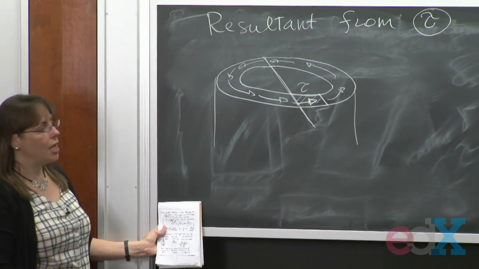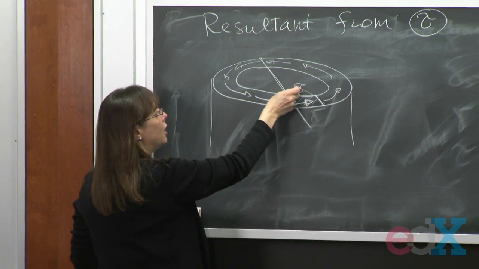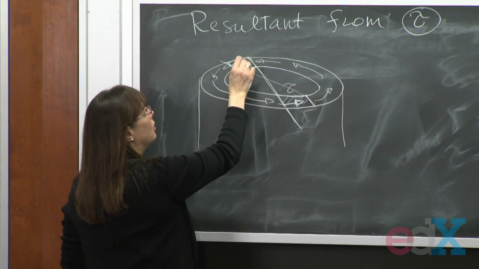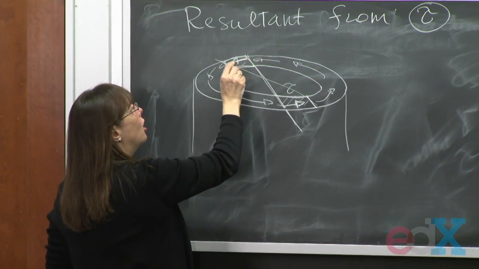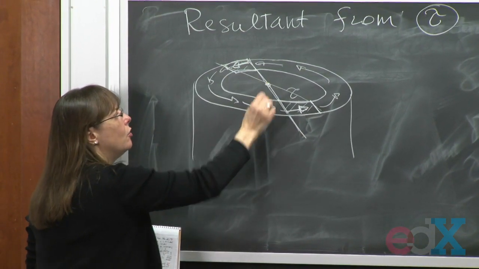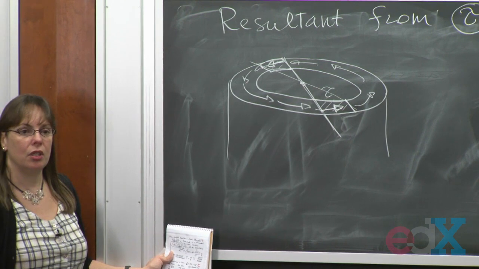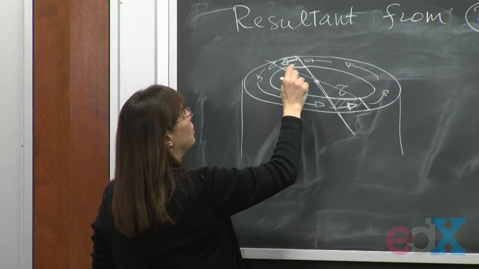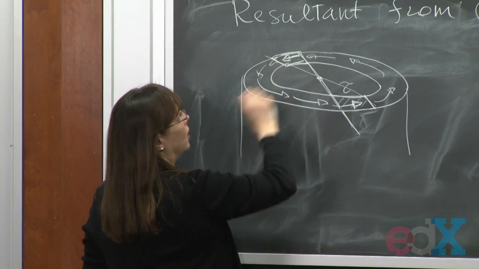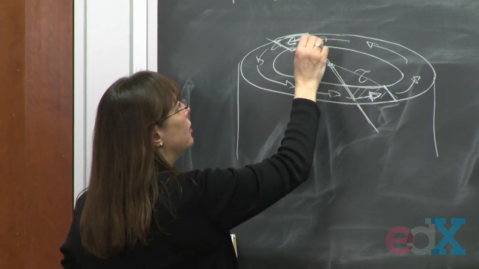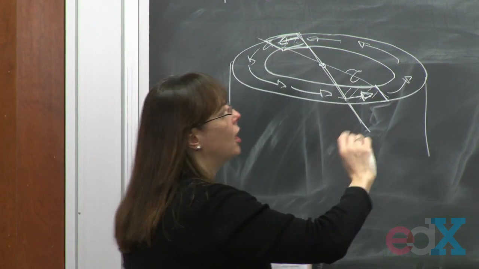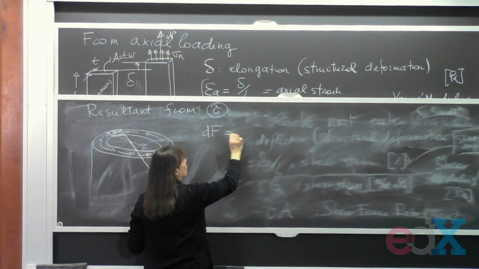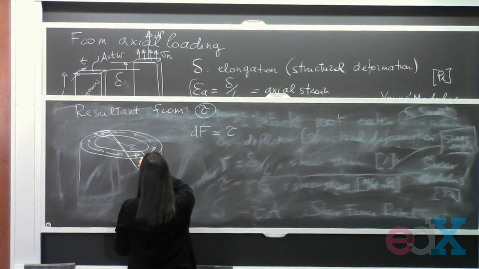I'm also taking the one that's straight opposite to that, on the opposite side with respect to the center of the shaft. You see that? So on each of these little areas, I get a little force, which is equal to the shear stress times the area.